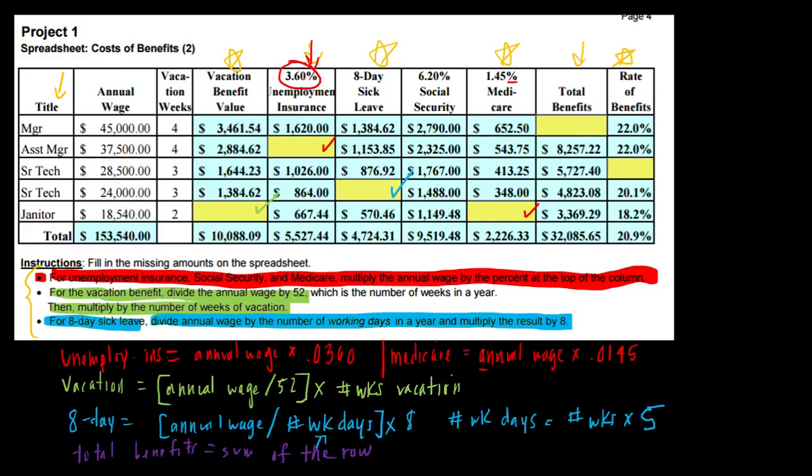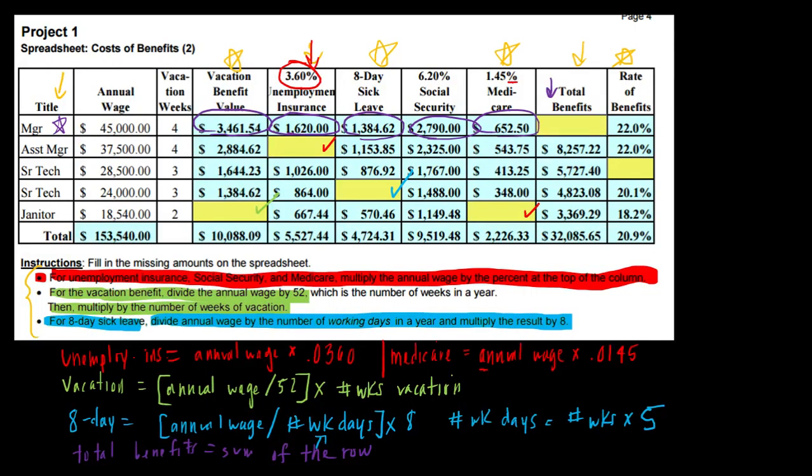Okay? So by that I mean, for example, for the manager, you would take their vacation benefit value, add it to unemployment insurance, add that to 8-day sick leave, Social Security, and Medicare. We would take all these values and add them together, and that will give us total benefits.